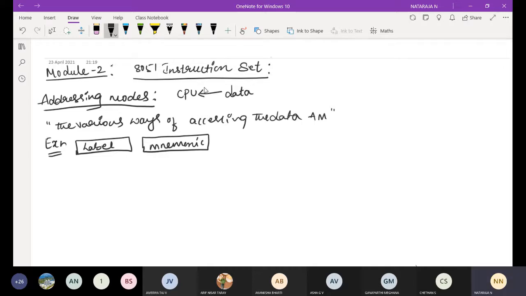M is silent, mnemonic. Then operand. And comments. This is the structure of your addressing mode.